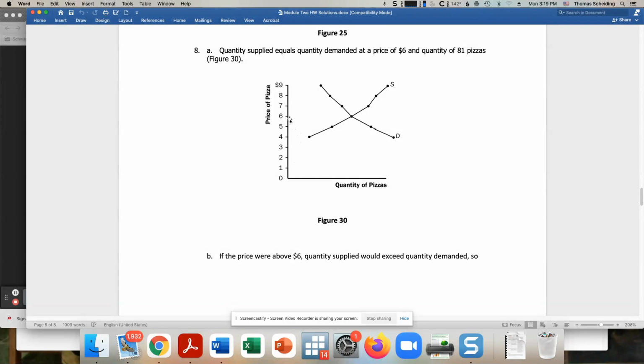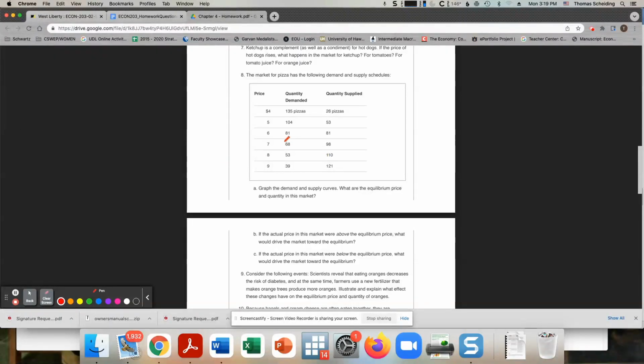At the price of $6, sorry, the thing won't let me draw anymore in Word. But let's go here. At the price of $6, we can see that the quantity demanded is equal to the quantity supplied.